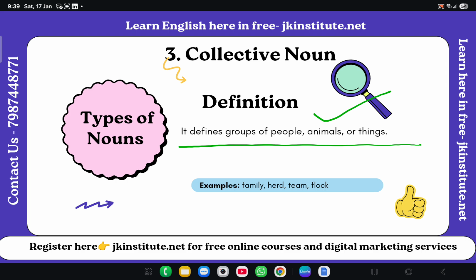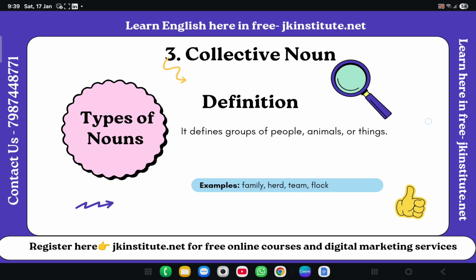For example, family, herd of sheep, team of players, flock. Like this we can recognize collective nouns.